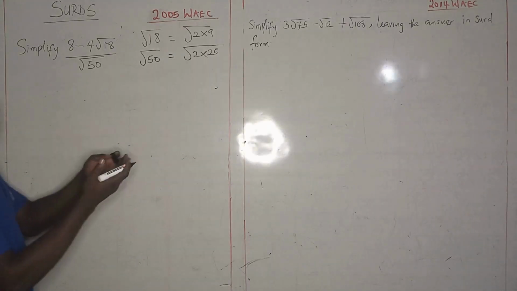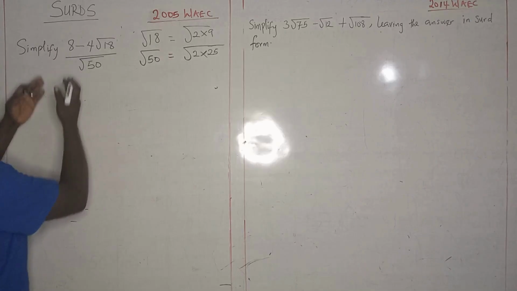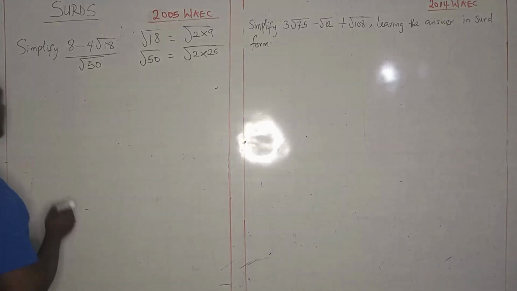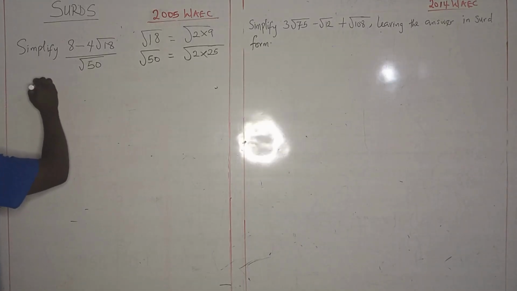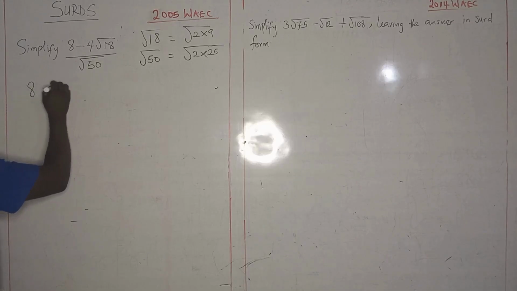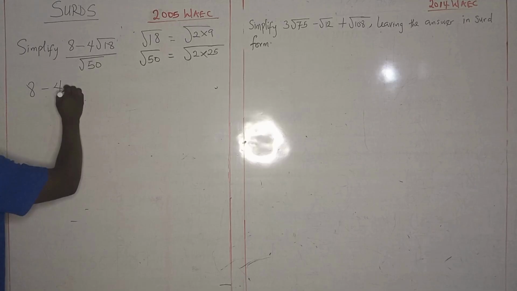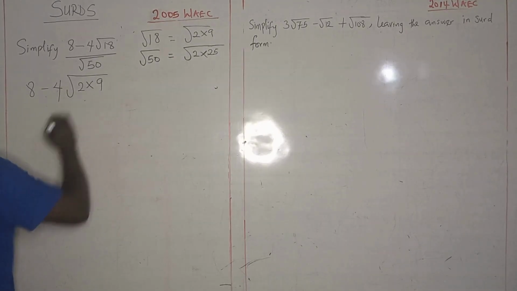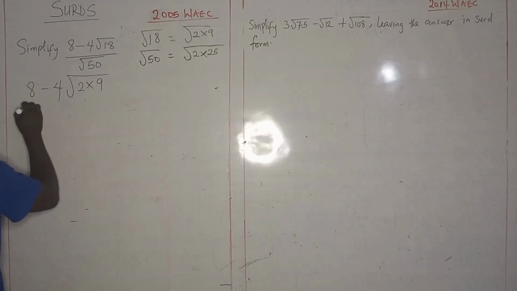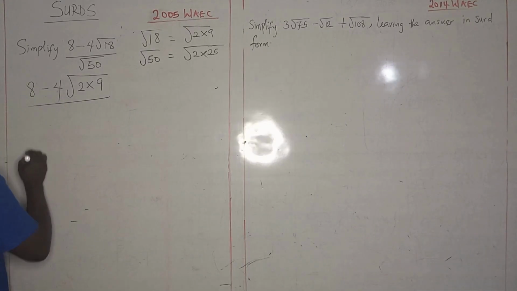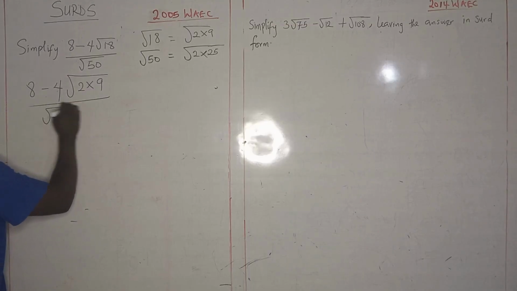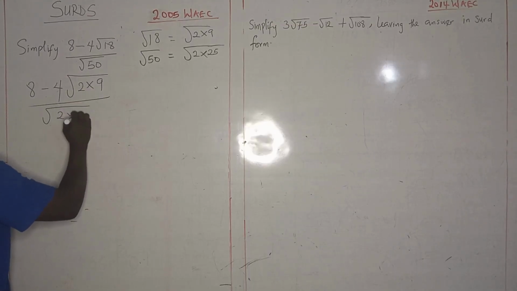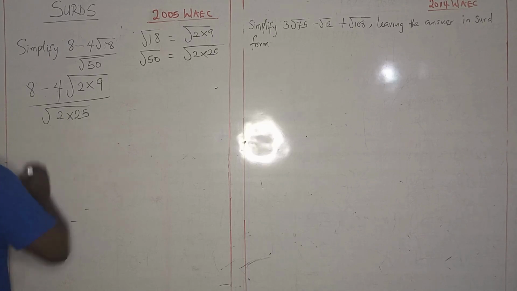Now, if we take this back to the question, what do we have? We're going to have 8 minus 4 root 2 times 9 over root 2 times 25.